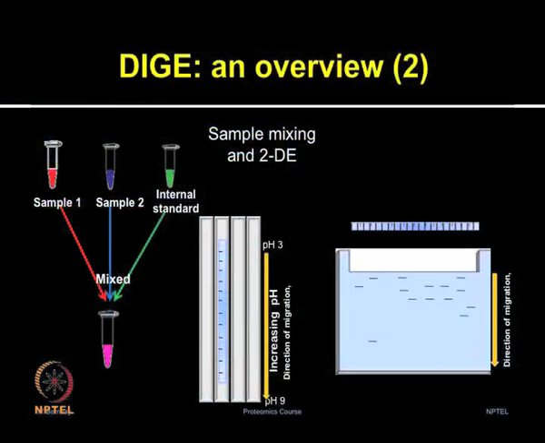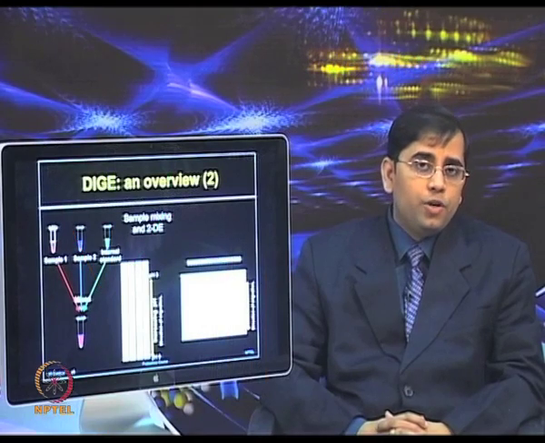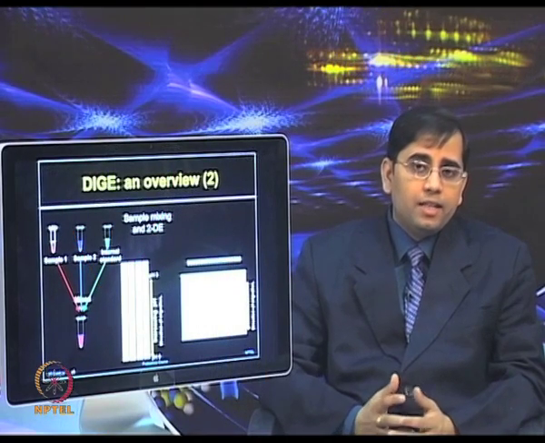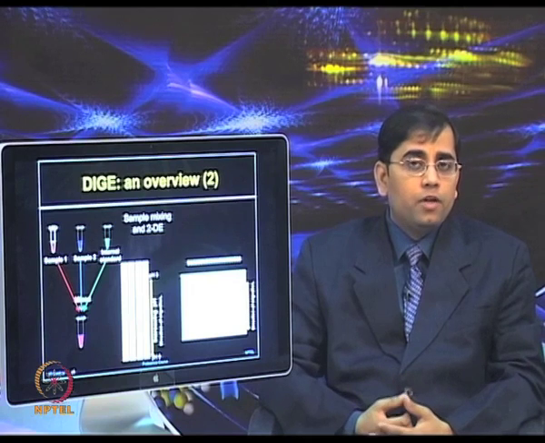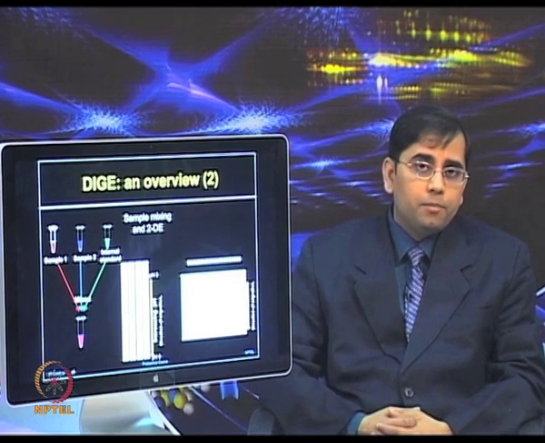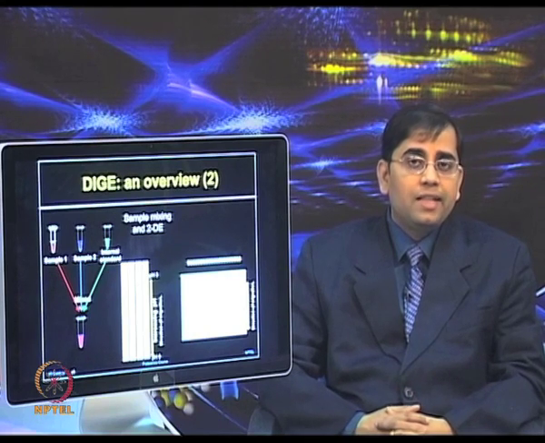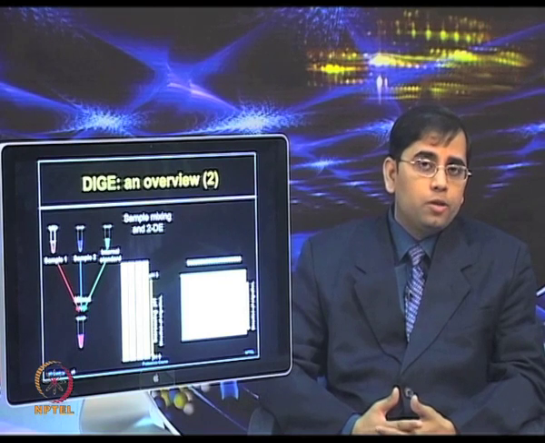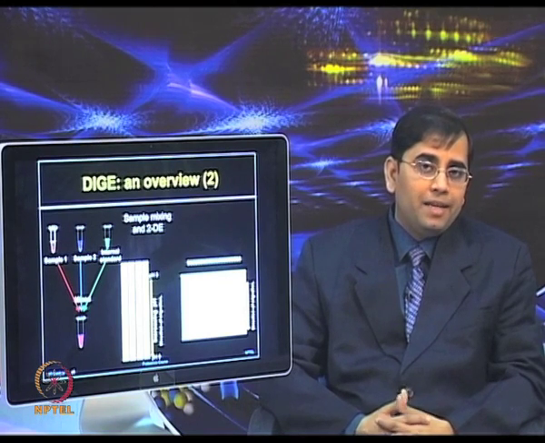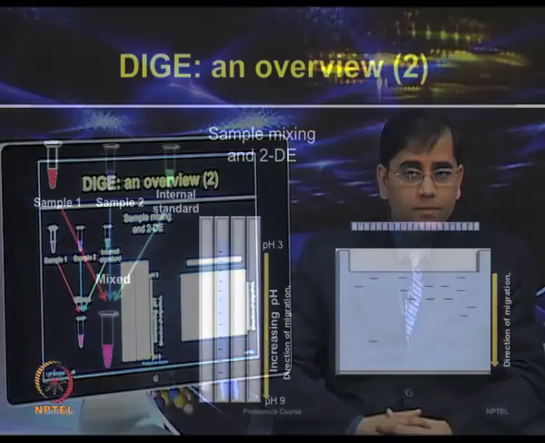So, in conventional 2-dimensional electrophoresis, the gel to gel variations which come from the acrylamide polymerization, electrical, pH and thermal fluctuations in different gels can be overcome in DIGE, because all the protein separation is going to happen on the same gel. So, all those artifacts can be minimized by using the DIGE approach.